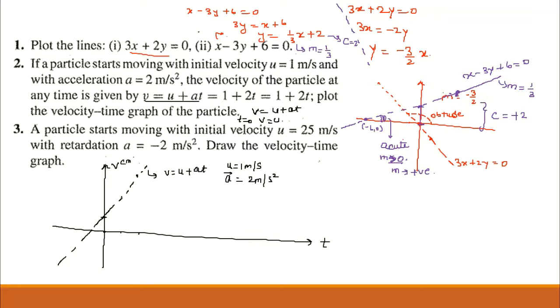If we come to the interpretation of the graph, in this graph, please look at here, the slope of this graph, this v will compare with the y-axis, this is x-axis, so the slope is nothing but acceleration, or we can say that the slope of velocity time graph gives acceleration.